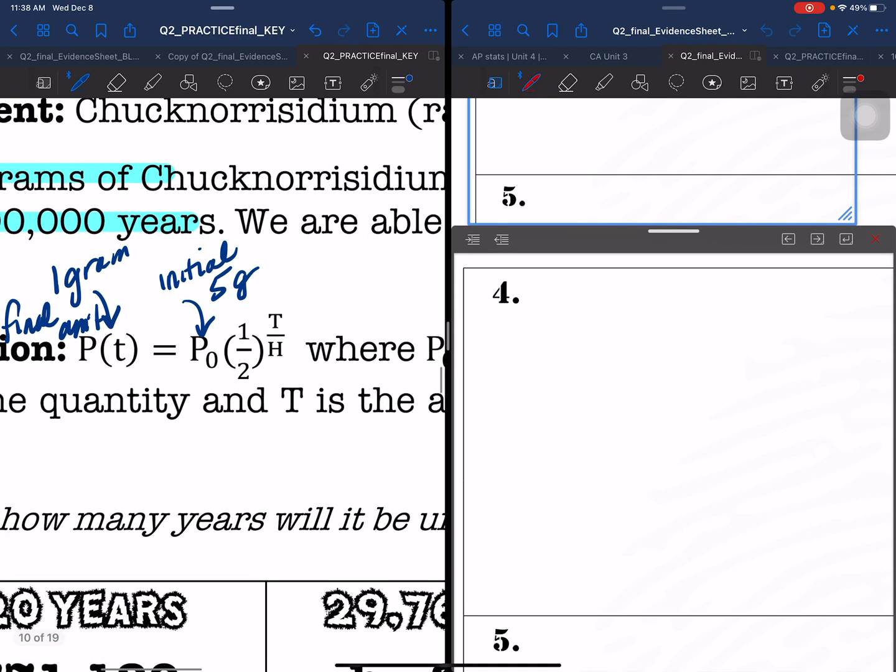And then we have the time and the half-life. We're actually going to be solving for t, which is how long it would take to decay from the initial amount to the final amount, given a half-life of 16 million years.